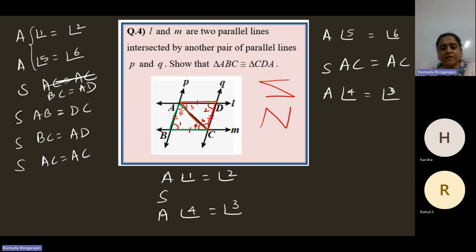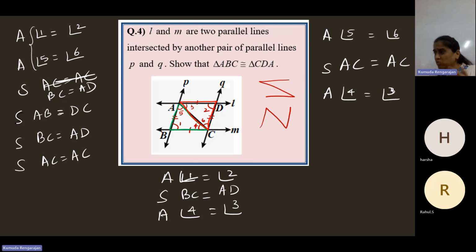Which is the side included by angle 1 and angle 4? BC. The side included by 2 and 3? AD. So you must write BC is equal to AD, because opposite sides are equal. Like this, you can go on in a few more ways.